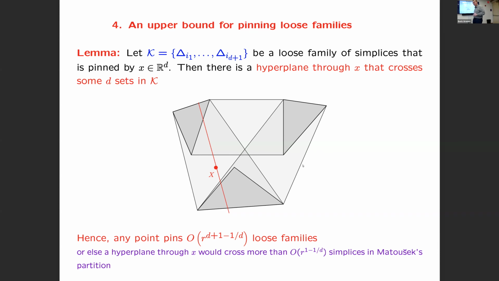If you repeat it for all the families and use some elementary geometry, we will show that if the pin collection is too large, then we will end up crossing too many of the simplices in Matoušek's partitions, which we assume not to be the case.